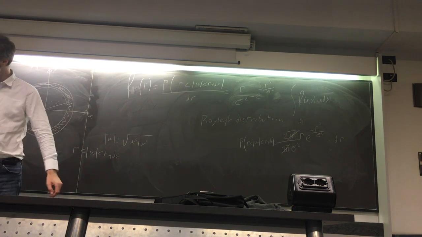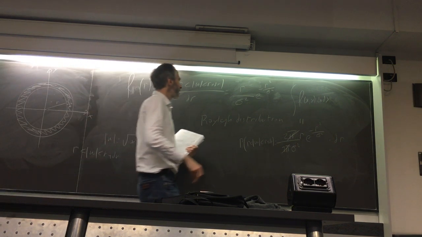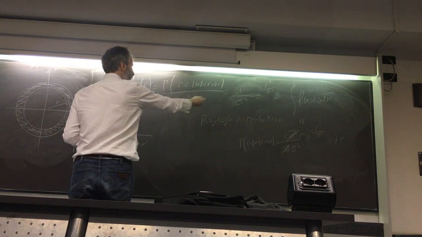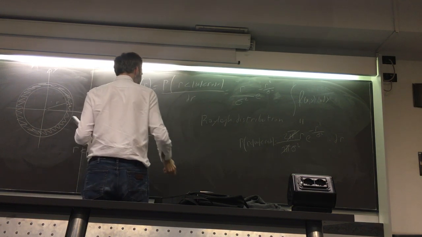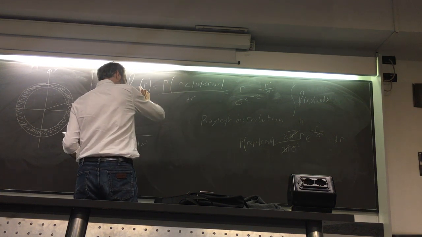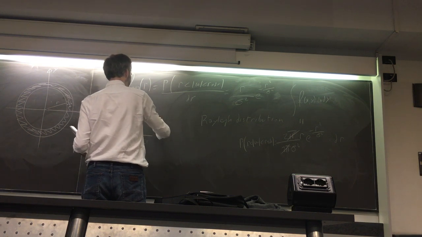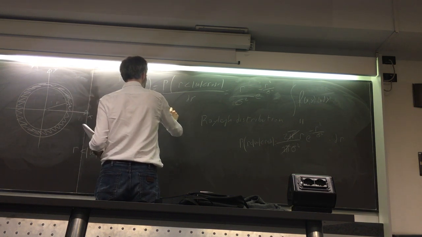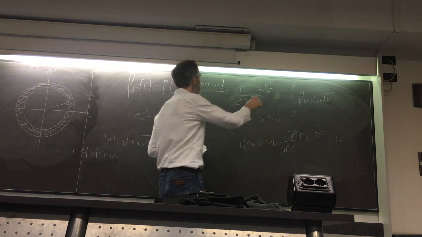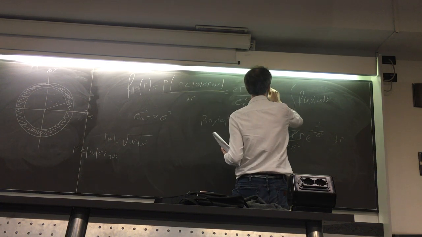Now, usually one also makes reference to the variance of the complex noise. In this case, sigma square is the variance of the real part. If you want to write this in terms of the variance of complex noise, then just remember that the variance of the complex noise is twice the variance of the real part, and so you can express this as a function of the variance of the complex noise.